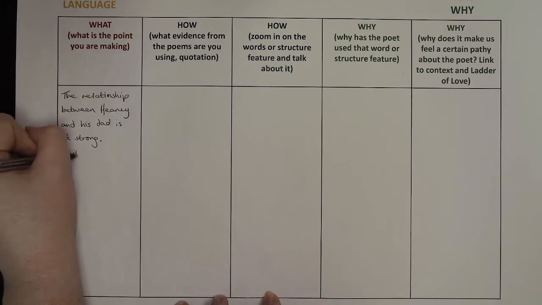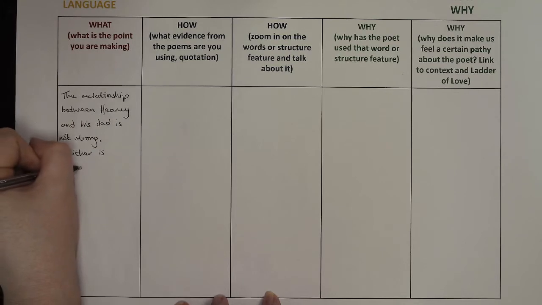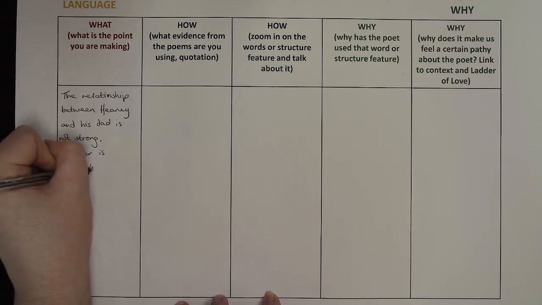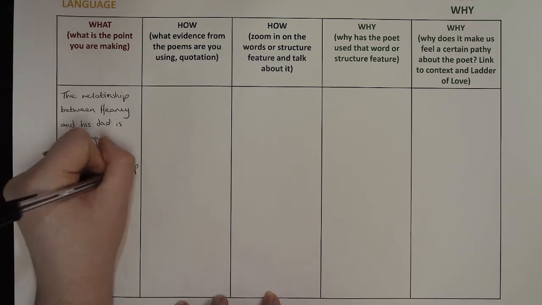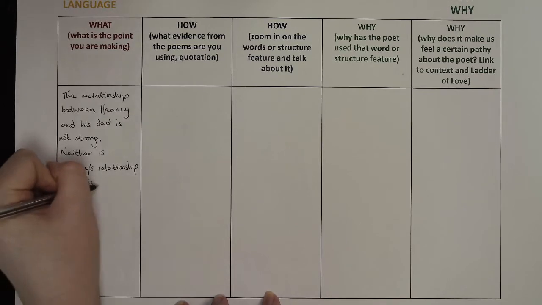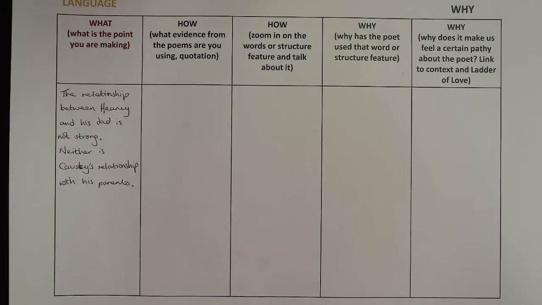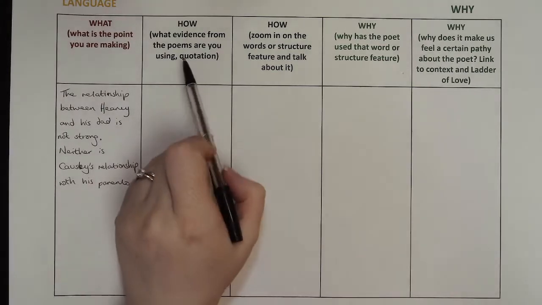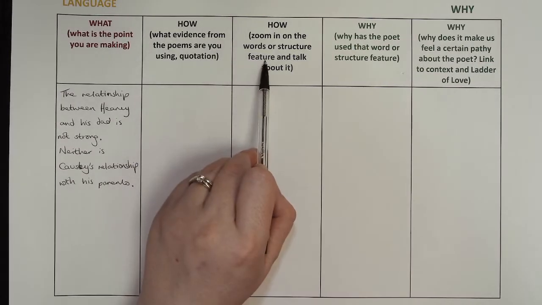Neither is Causley's relationship with his parents. I am saying that in both poems the relationships are not very good. And I've now got to prove that by doing my how, first with the quotation I'm going to use, and then by zooming in on the words.